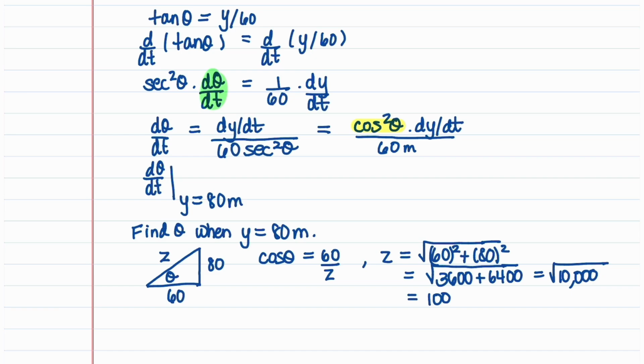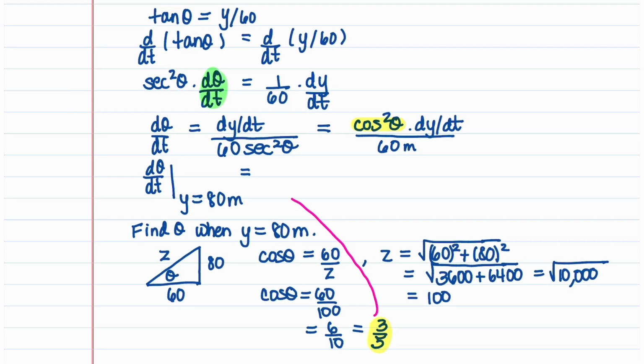So we can say that cosine theta is 60 over 100, which is 6 over 10, and then dividing both by 2, we get 3 over 5. So let me go ahead and highlight this. Cosine theta is 3 over 5. Now we're going to take this and plug it back in. Let me draw an arrow here so you can see where I am. We're going right up here.